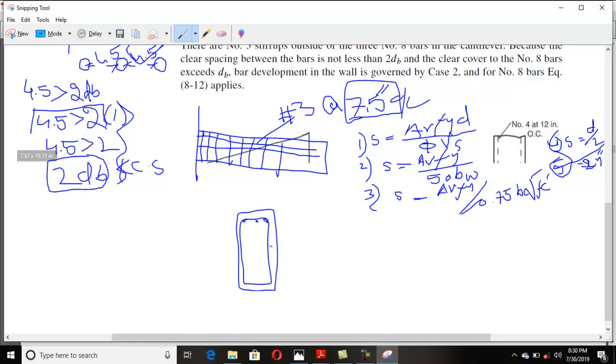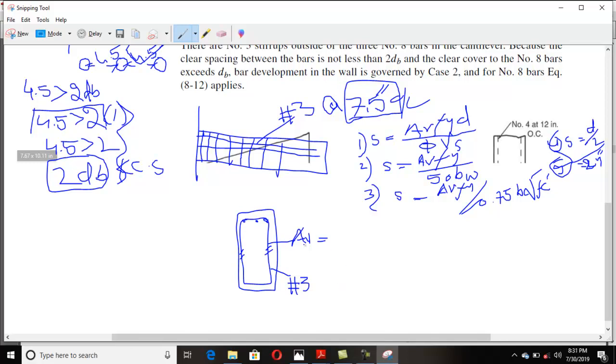Now you have to check this stirrup area, the provided area, denoted by Av. The diameter of this bar is number 3, I already mentioned that this is number 3 at 7.5 inch center to center.